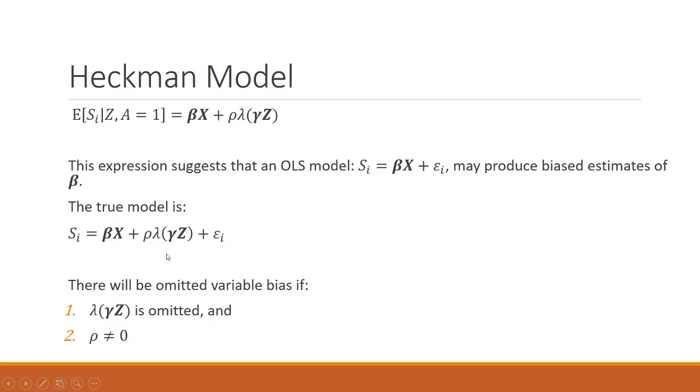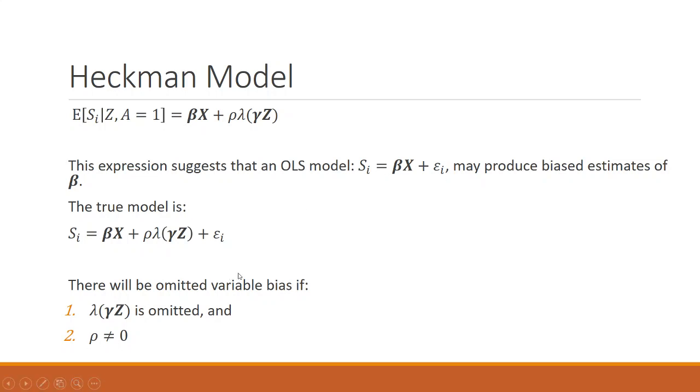This inverse Mills ratio is capturing the information from the selection model. And so if we use a regression that does not capture the information from the selection decision, we would have an omitted variable.